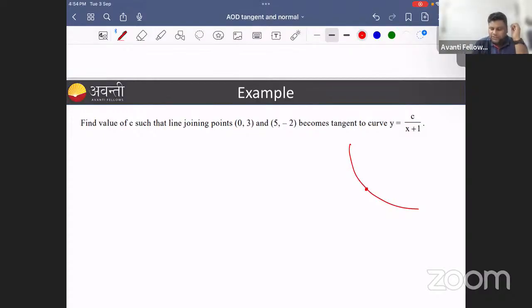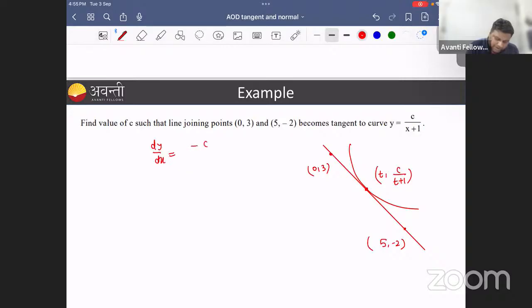Now tangent at this point is passing through 2 points, that is 0 comma 3 and 5 comma minus 2. Am I correct? Now differentiate. Dy by dx is going to be minus C upon x plus 1 whole square. So dy by dx at x equals t will be minus C upon t plus 1 whole square, correct?